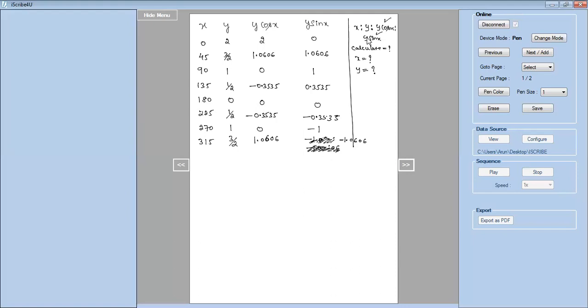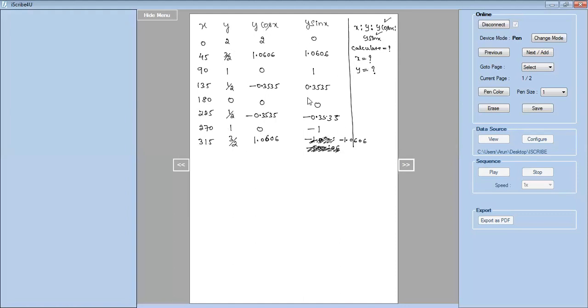Just type in your calculator and find. Put your calculator in degrees. Type like this and press the calculate button. It will ask you the value of x. You put x as 0, y is 2. It will give you y cos x, then y sin x. Go on pressing equal, you get this. Straight away you can find these out.